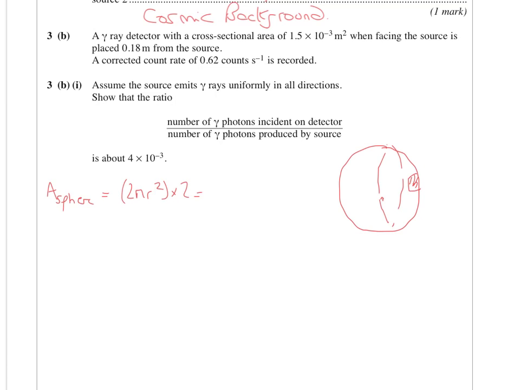So that's going to be 4 pi times 0.18, which is the radius squared, which is 4 times pi times 0.18 squared, which is 0.407.